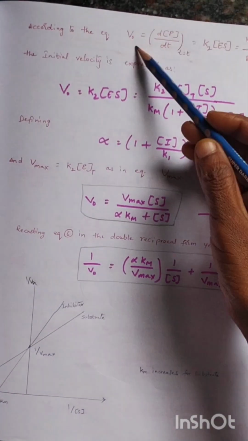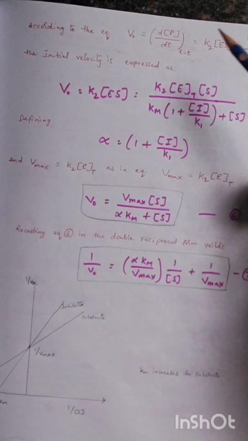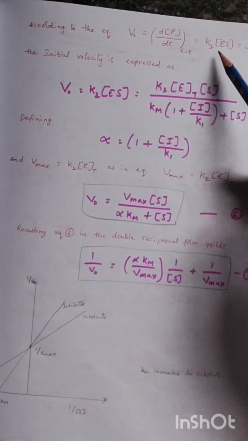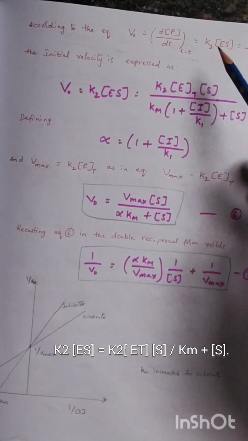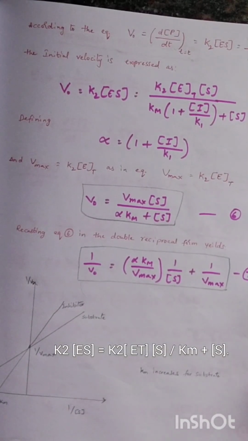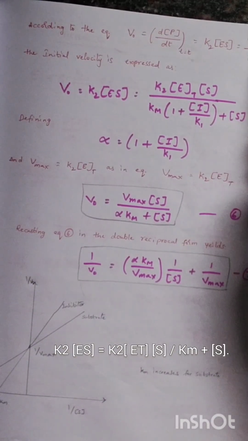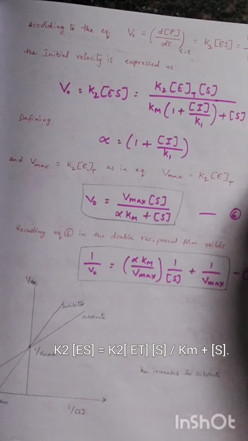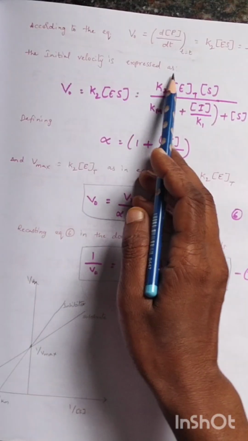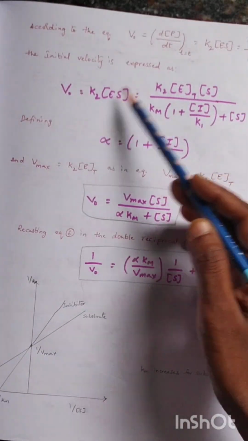If we take the initial velocity as the partial derivative of product divided by the change in time dt, then we can take K2 into the concentration of ES. K2 is the reaction constant in the formation of products from the enzyme substrate complex, and is equal to K2 into total enzyme into the concentration of substrate, whole divided by Km plus the concentration of S. The initial velocity is expressed as V0 equal to K2 into ES.